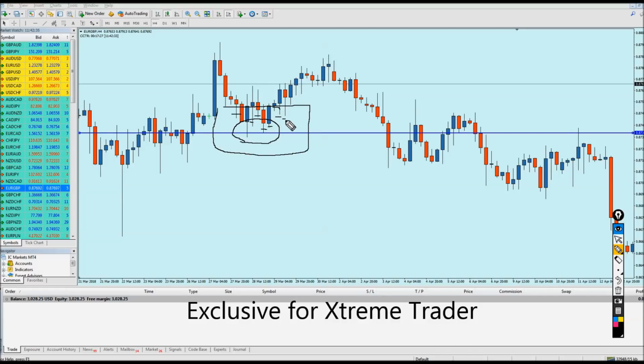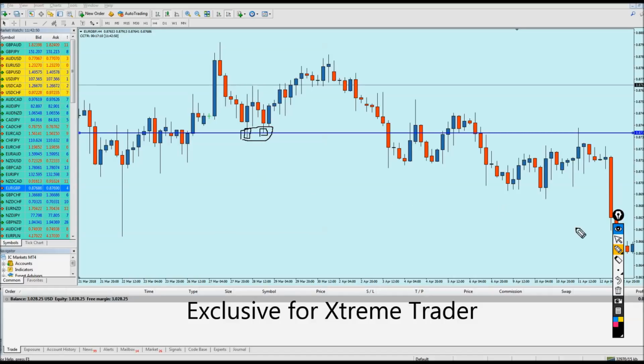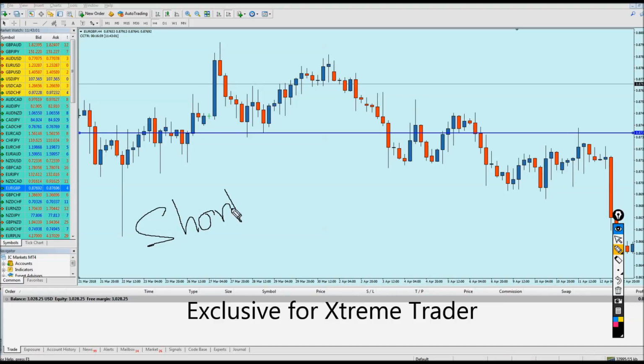You simply cannot do that. You have to select only the lower wicks, and you have to draw your line mixing these lower wicks together. So now the line is touching this wick and this wick. In other words, if you want to make it more simple, you have to draw your line at the shortest lower wick.